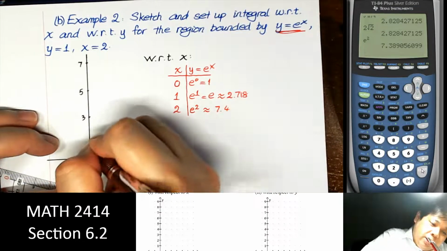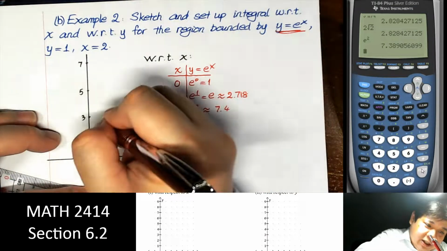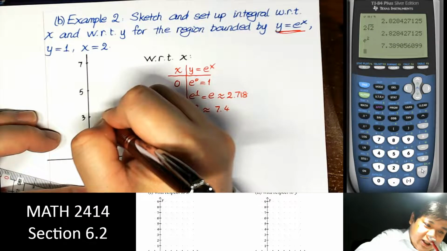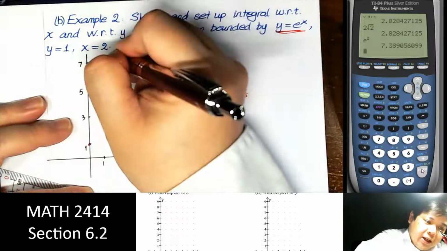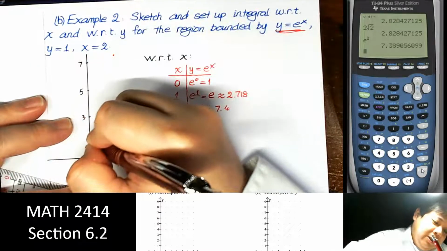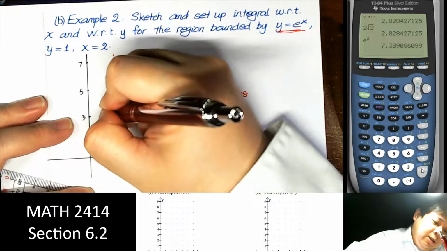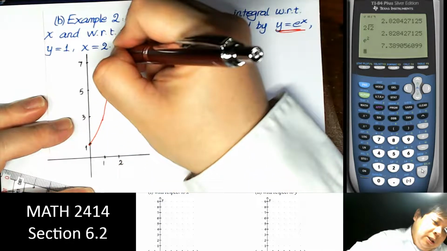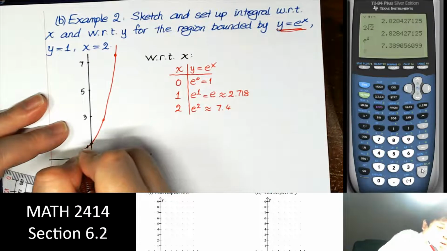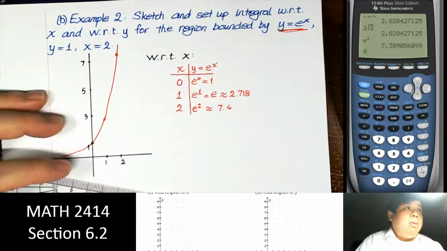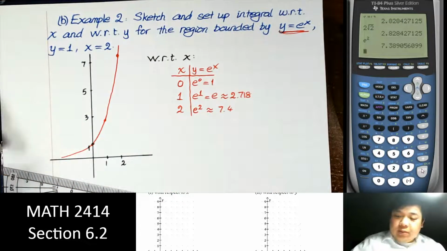So here, here, and here. Yeah. The exponential function will grow rapidly to infinity. Right.